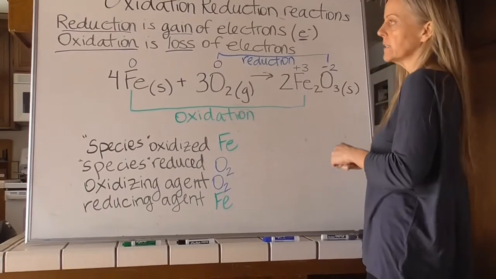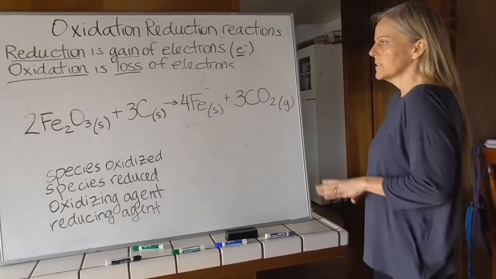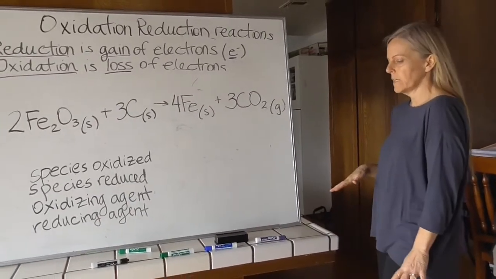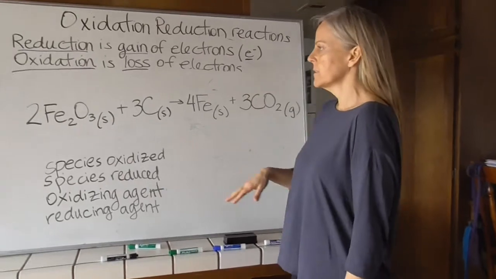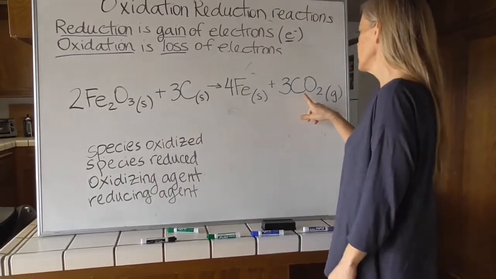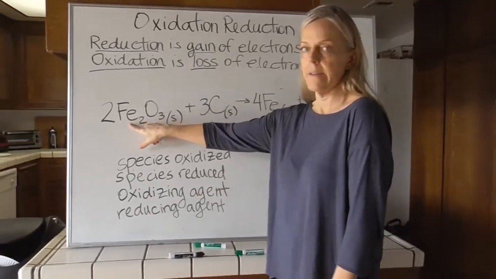So let's do another one of these problems. A similar type of problem as what we just did, a little more complicated. We're figuring out what the oxidation numbers are on each one of these, but remember, it's each one of these individual atoms.